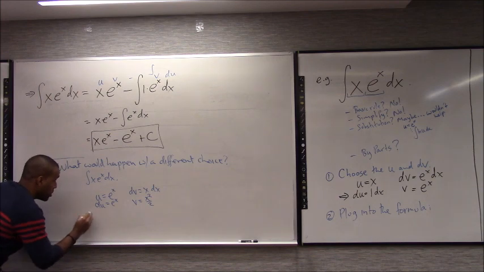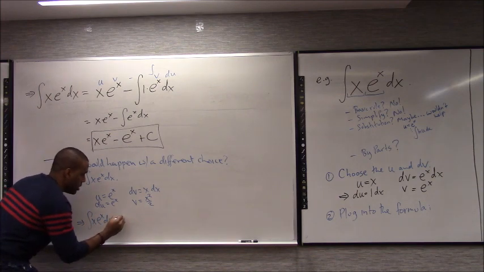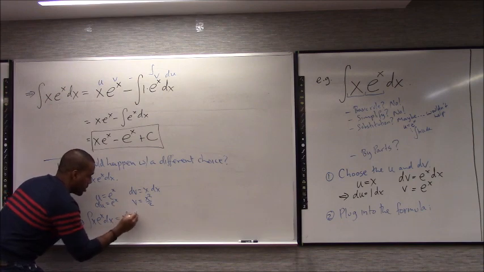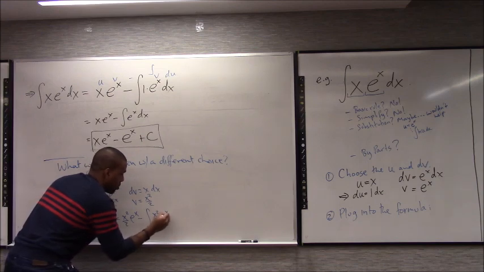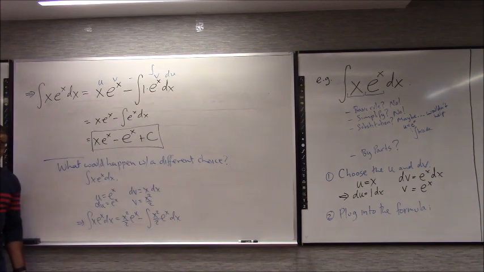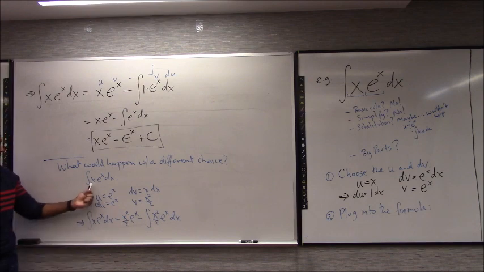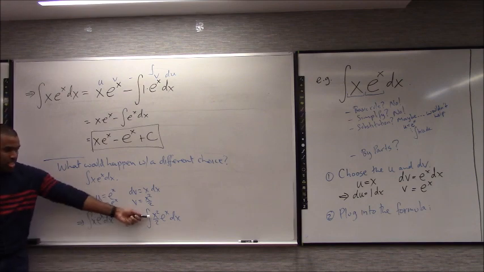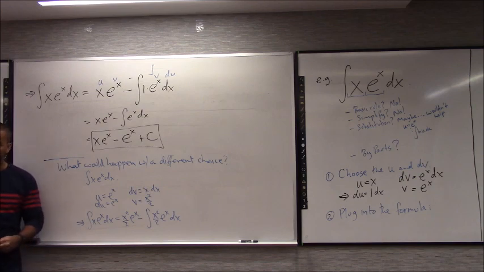And so u times v minus the integral of v du would end up with that, which is correct, but that's actually harder than the original integral. I just actually made the situation worse on myself. Instead of having x times an exponential, I now have an x squared times the exponential. So it actually does matter how you make the choice.